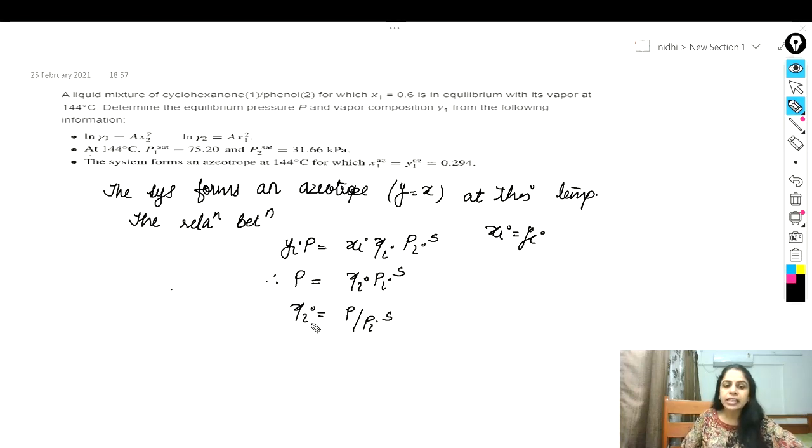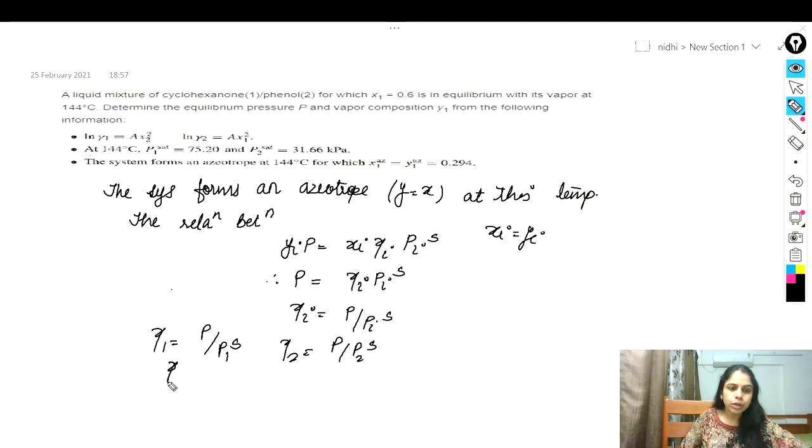Now we can write this for component 1 and component 2, and take the ratio of these two. Just write down gamma 1 is equal to P upon P1s, and gamma 2 is equal to P upon P2s, and take the ratio.